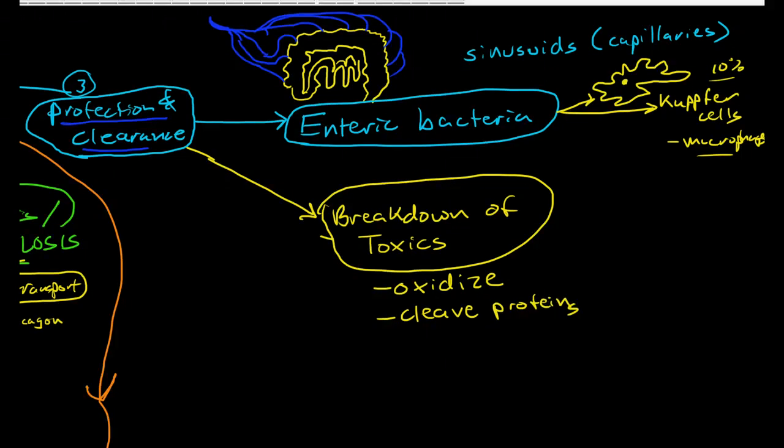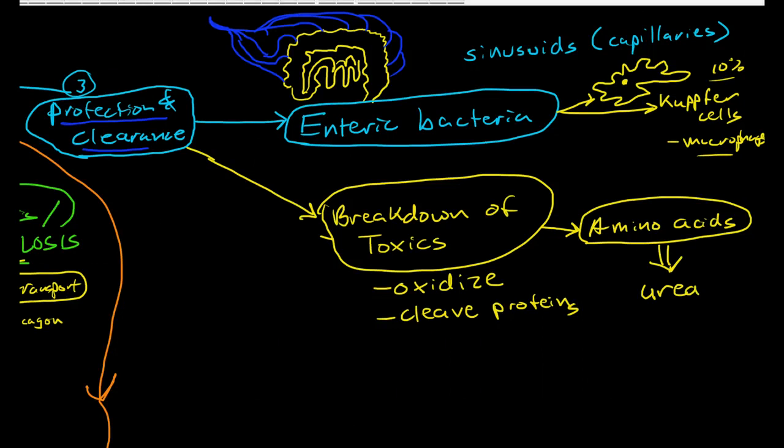And also, one of the toxins in our body is amino acids themselves. Amino acids can be damaging to the body, so the liver deals with free amino acids by running them through the urea cycle and breaking them down into urea, which is not harmful until it gets into really high concentrations.